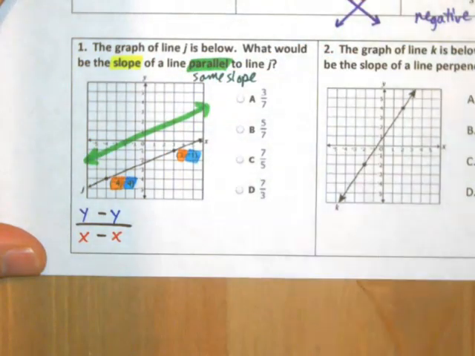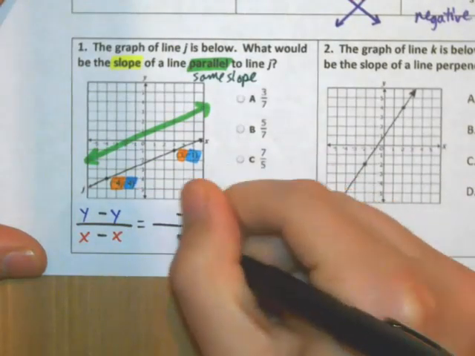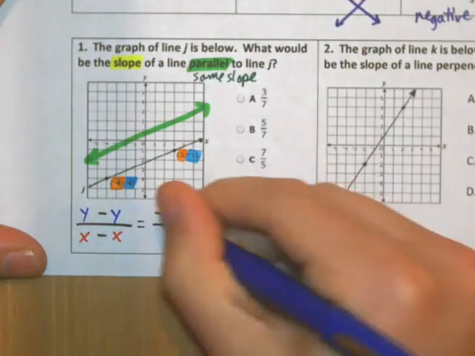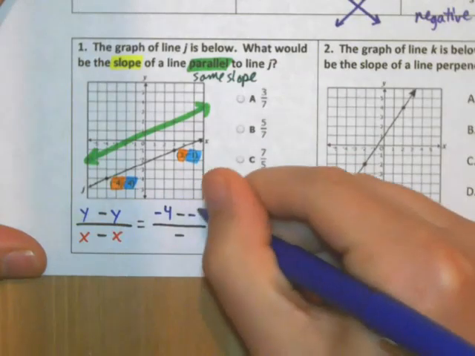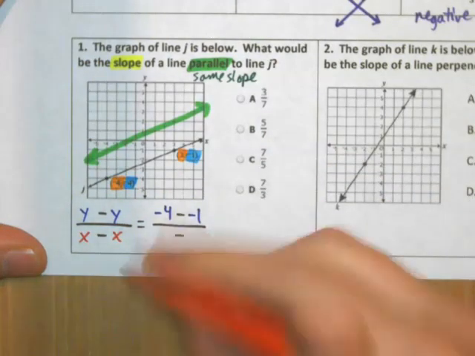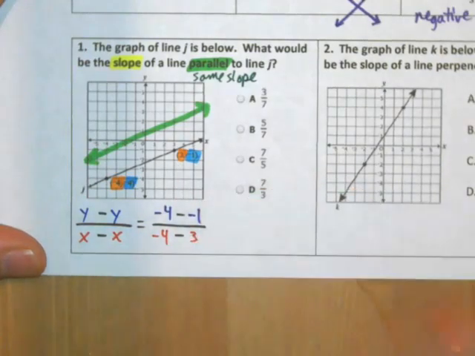Now let's substitute. The first y value is -4. The other y value is -1. The first x value is -4. The other x value is 3.